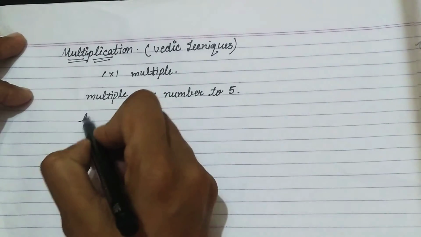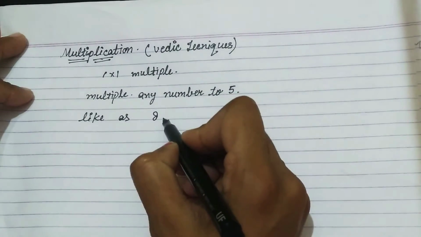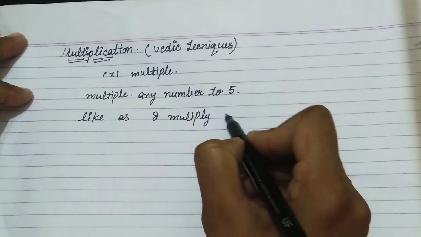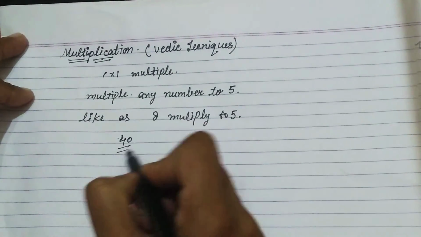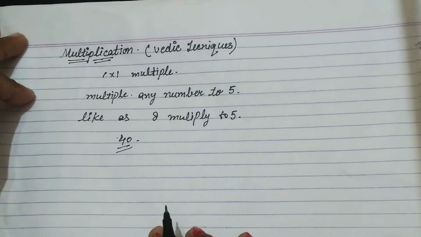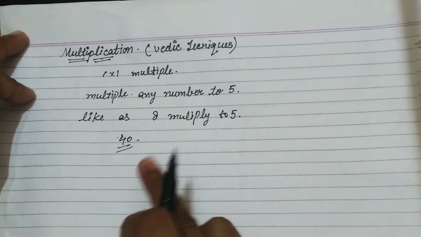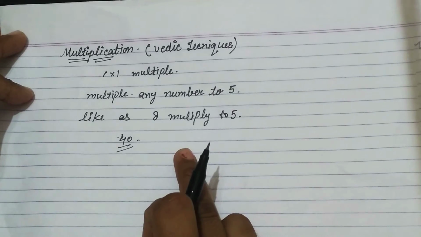Like, if we want to multiply 8 by 5, then we get the answer 40. I know we know the tables, so it is very easy, but here we also use this technique.